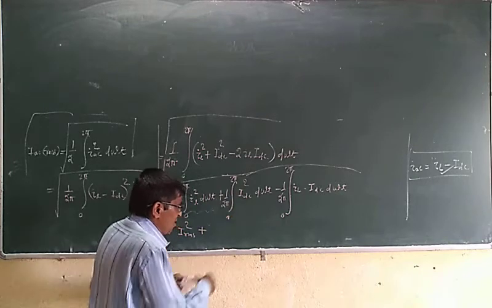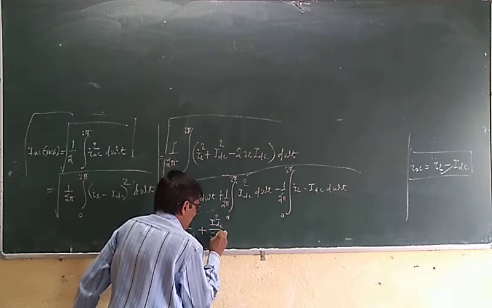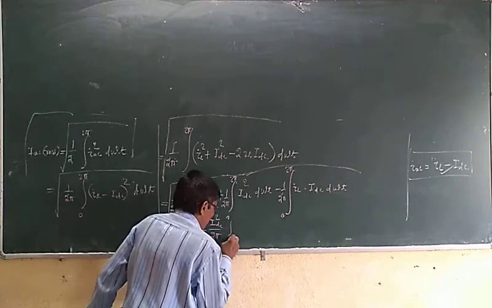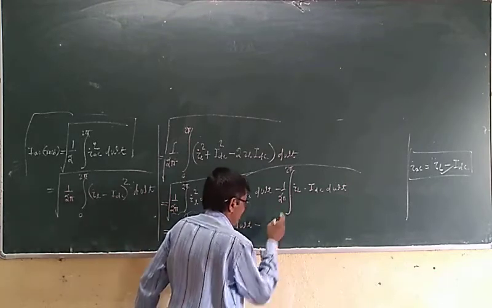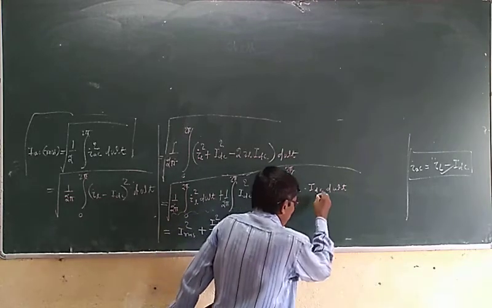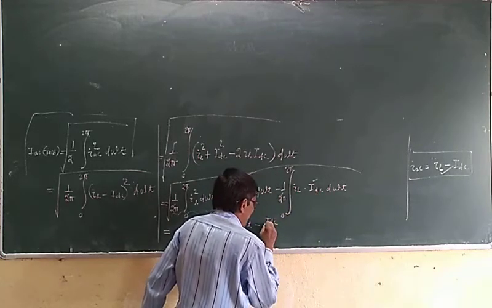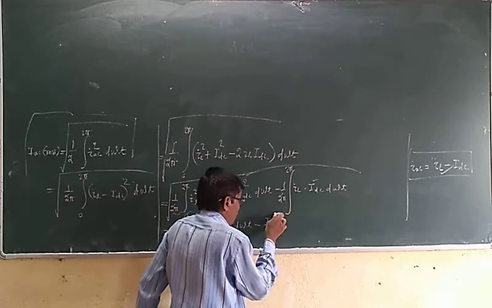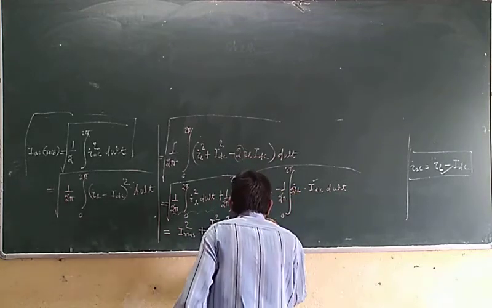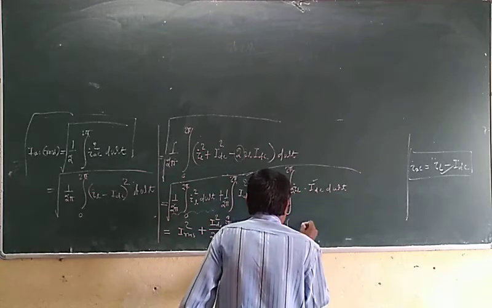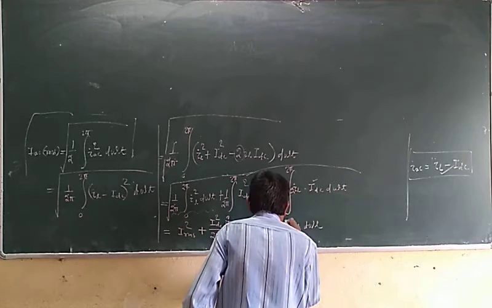Now it is taken outside: I dc square by 2 pi, integration 0 to 2 pi d omega t, minus next 1 by 2 pi, that is a constant, then 2 IDC by 2 pi, integrating IL d omega t 0 to 2 pi.